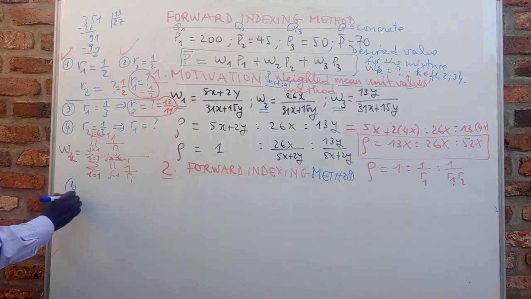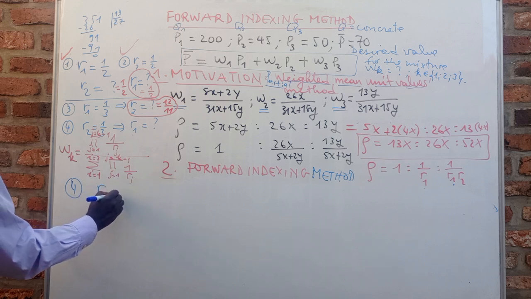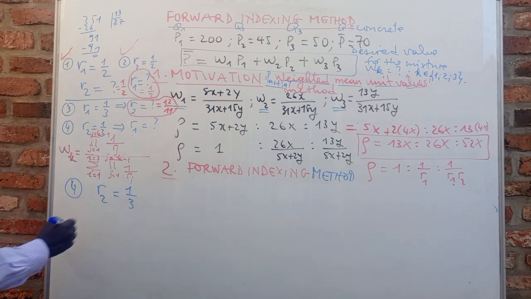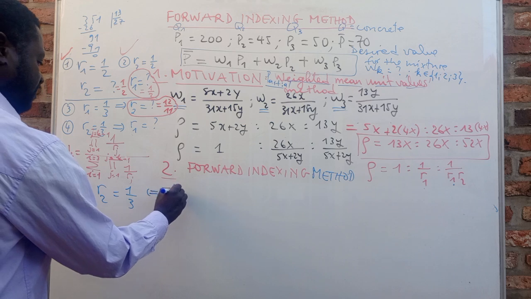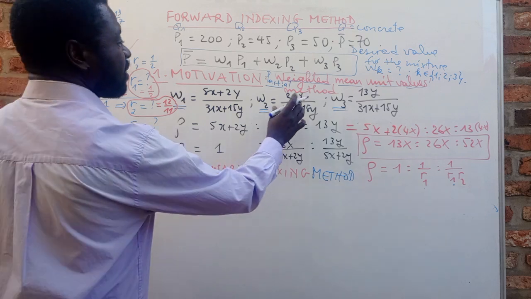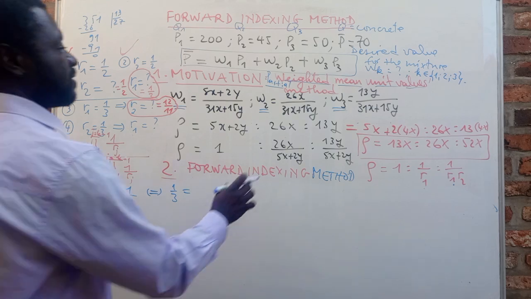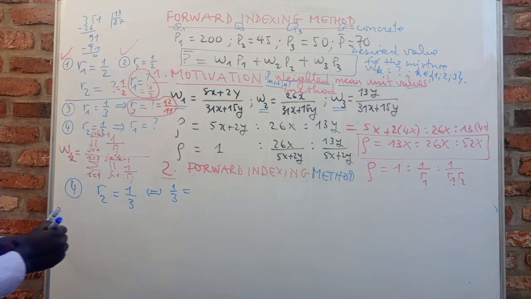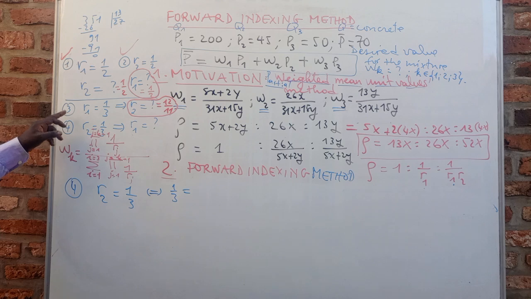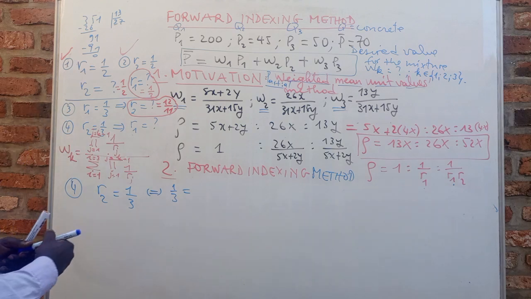Now question number 4. R sub 2 means the second ratio, which is the second weight over the third weight. This is 26 over 13. We may run into trouble if we mix up the result, but I don't think so.